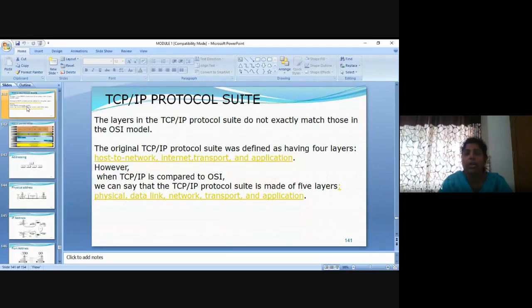Also, a part of the responsibilities of the session layer in OSI is done by the transport layer in TCP/IP. So when you are comparing, TCP/IP is generally made up of 5 different layers: physical, data link, network, transport, and application. The application layer involves the presentation and the session layer.